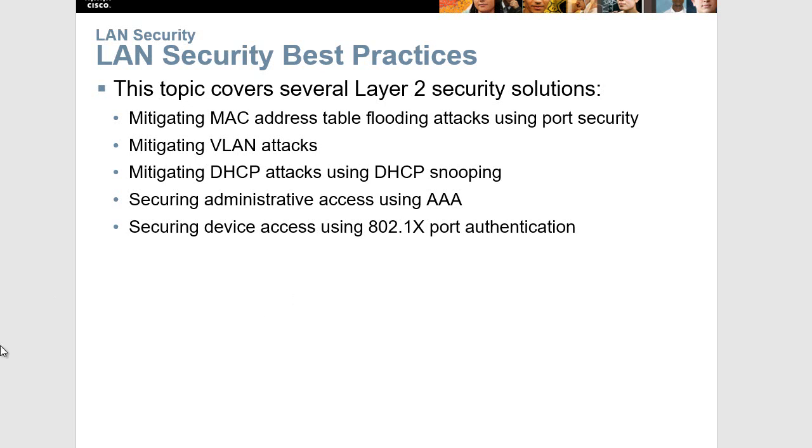Cisco devices are going to require some form of authentication to gain administrative access. And this AAA authentication, authorization, and accounting framework is used to help secure device access. AAA authentication can be used to authenticate users for administrative access, or it can be used to authenticate users for remote network access.